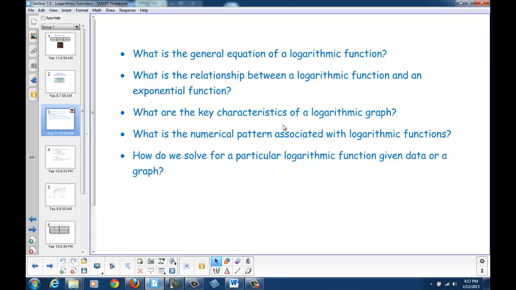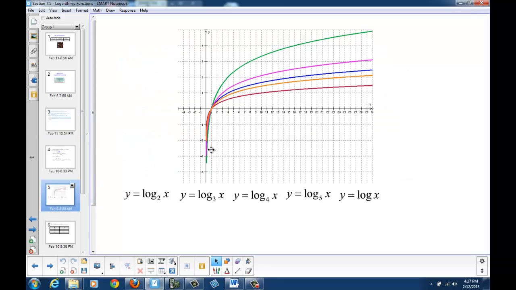What are the key characteristics of a logarithmic graph? Well, if we look at those graphs, we can see that they're all increasing for x greater than 0. They're concave down. They all go through the point (1, 0). And then they will also go through the point of the base, 1.